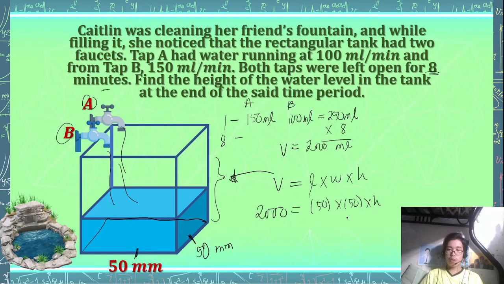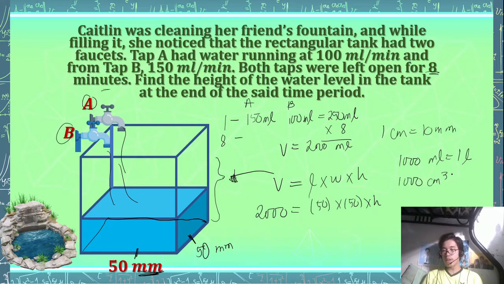Since this is in millimeters, we know that 1 cm is equal to 10 millimeters, and we know also that 1000 ml is equal to 1 liter, and 1000 cubic cm is equal to 1 liter as well. So we have to convert the 50 millimeters here.